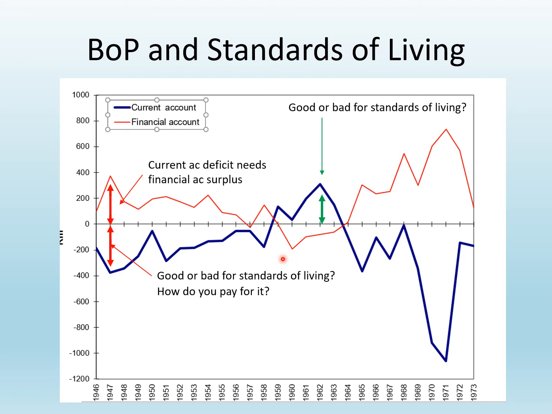Well, if you go back to this position here, just before this political shock, you'll notice this country is running a current account deficit, with a financial account surplus coming in to pay for that. And given that there's a political shock and the financial account goes into deficit, the authorities in this country have to take the current account, change it from a deficit into a surplus, and they have to do that rapidly.